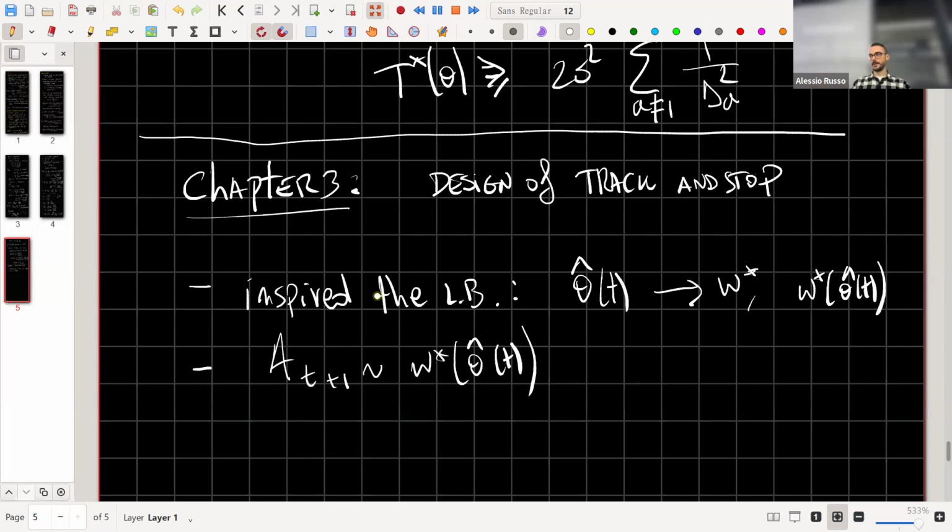If theta hat t is very different from the true theta, you might end up with a W star that is very different from the true one, and you waste a lot of samples before you realize that something is going wrong. So it's not only about following what the lower bound tells you, you also need to ensure that you are estimating the model sufficiently well in the meantime. There is a trade-off between following the lower bound and estimating the model.